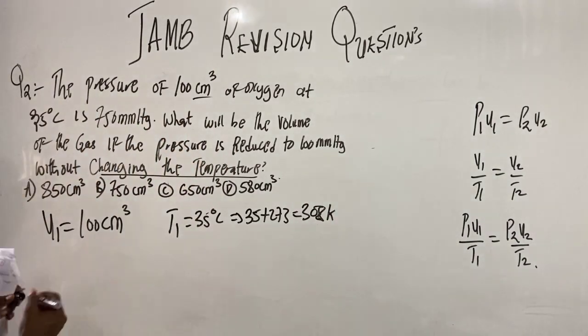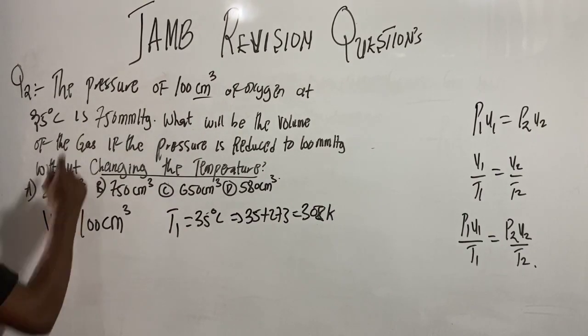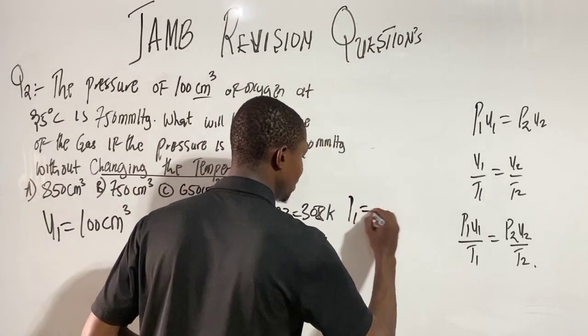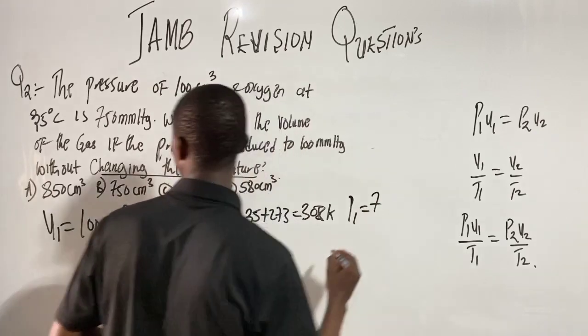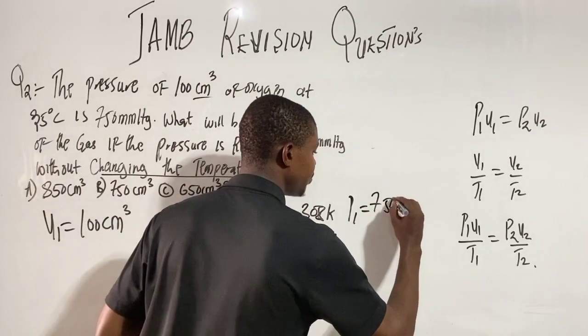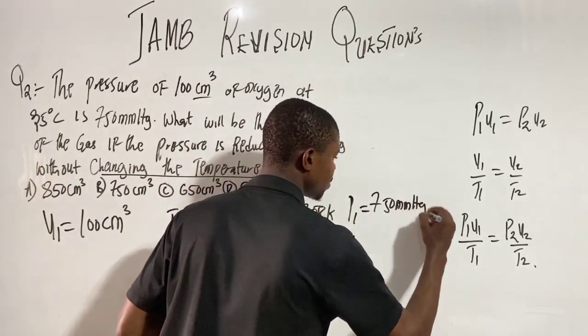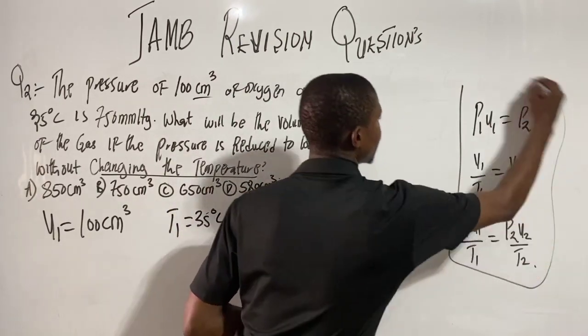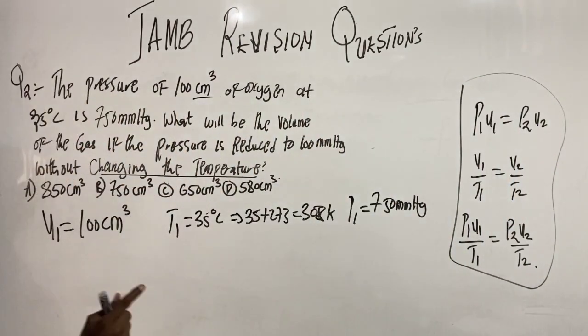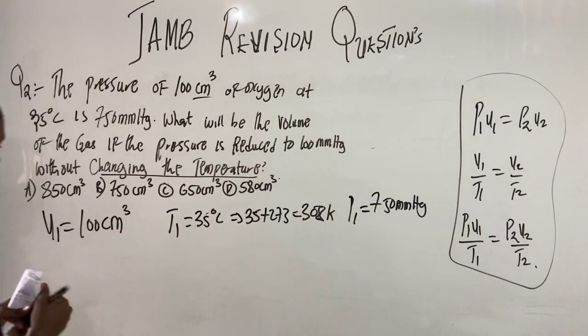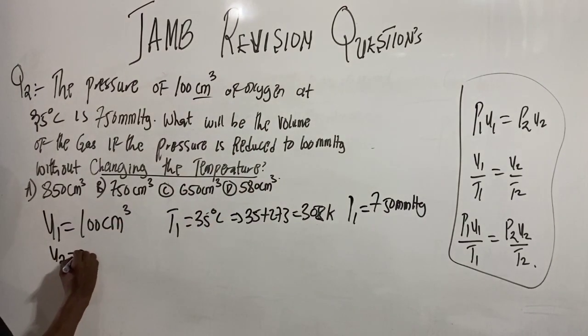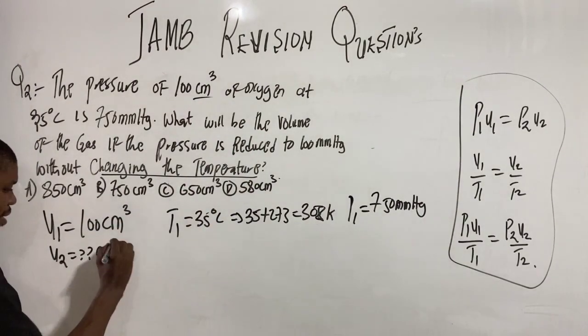Now, the pressure: my P1 is 750 millimeter of mercury. Now I say, what will be the volume? So V2 is what you are looking for, in centimeter cube.